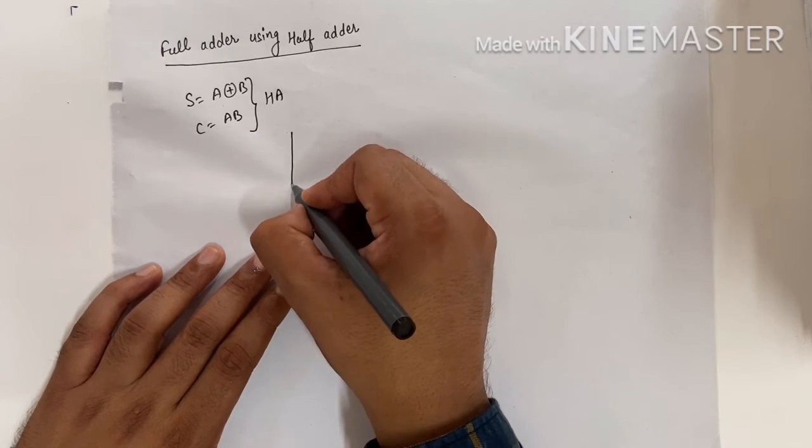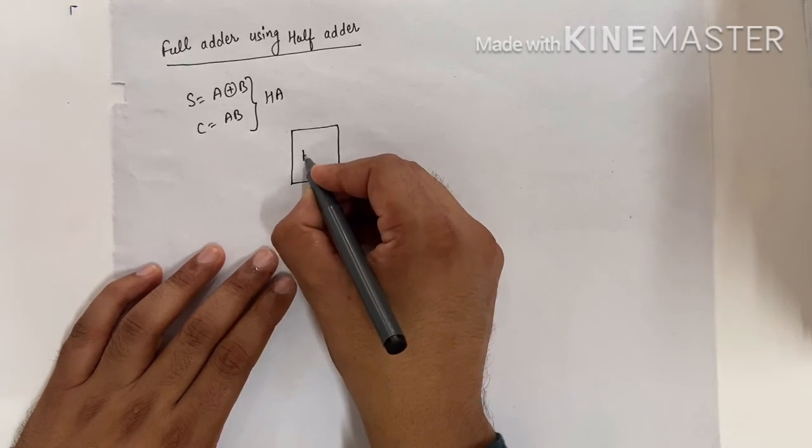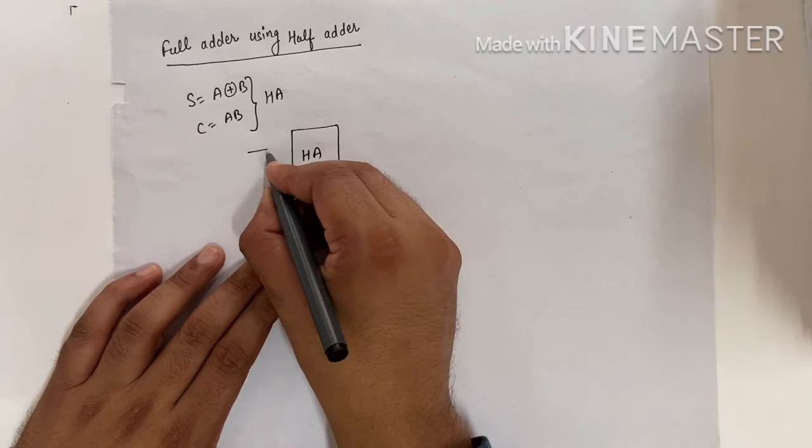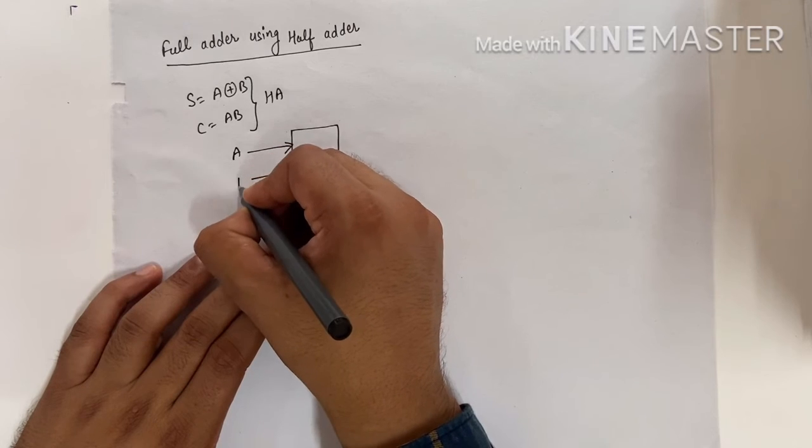So suppose we have considered first, this is the half adder, this is the half adder. We have to apply A and B in this way.